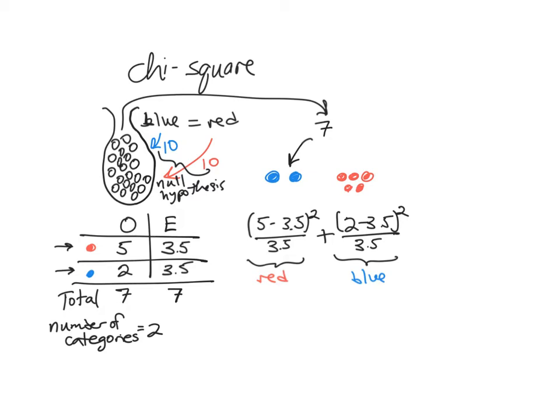And it's important to note that these numbers that I'm putting into this formula come from this table. The observed number of red, 5, and the expected number of red, 3.5 and 3.5. It's not necessarily always the case, although it will often be the case in genetics, that the expected values are the same. We'll see an example where that's not the case later in the semester.